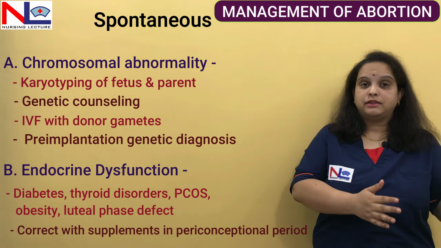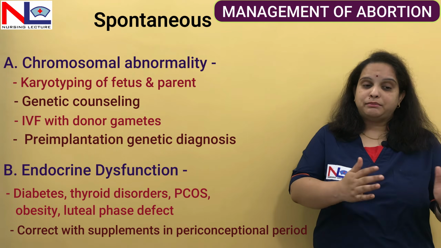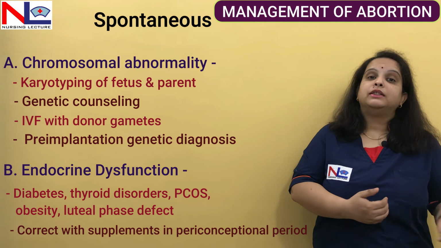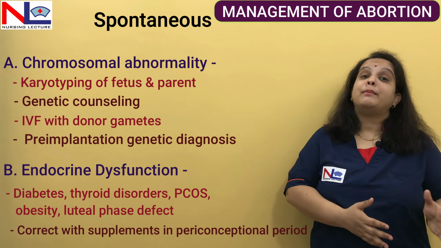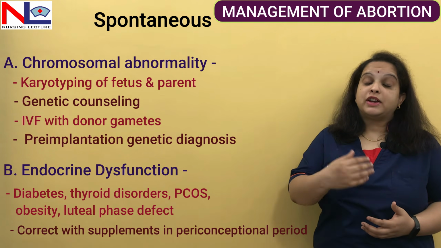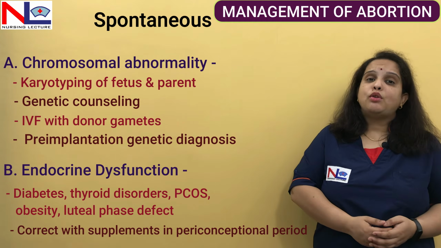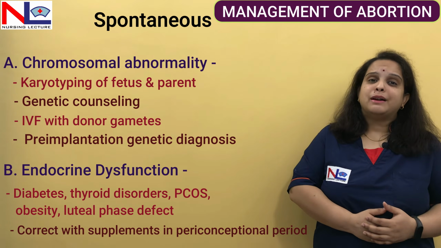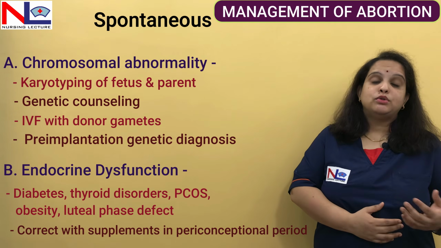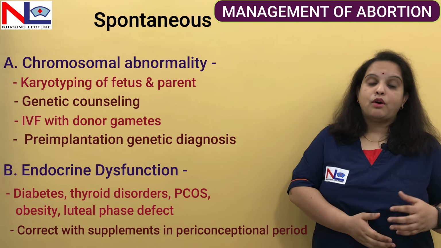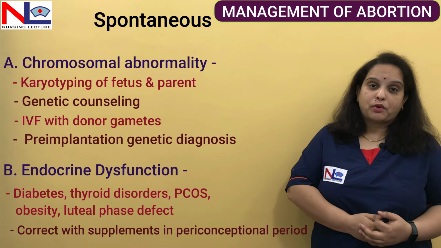So she can be cured with these things, and she will have normal endocrinal function before she conceives next time. Periconceptional supplementary therapy with drugs is also essential for any of these endocrinal problems.